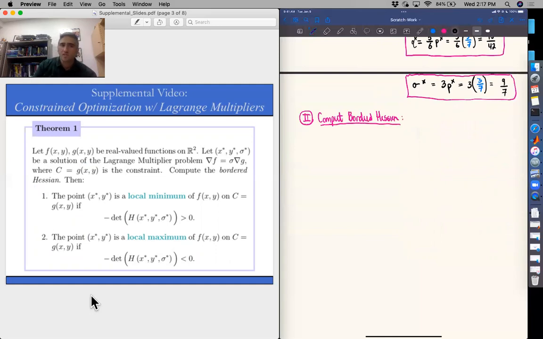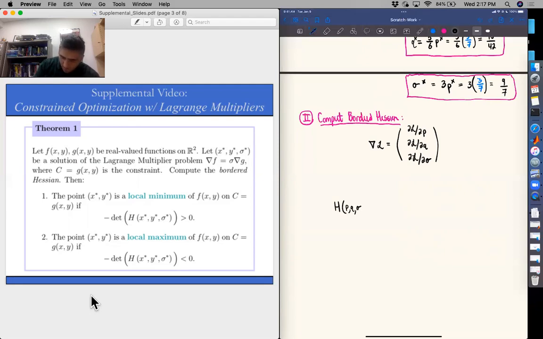All right, so let's just go from where we had. So remember, we had our gradient of the Lagrange function: partial L, partial P, partial L, partial Q, and partial L, partial sigma. When we take the Hessian matrix, we're looking for a matrix of all second order partial derivatives.